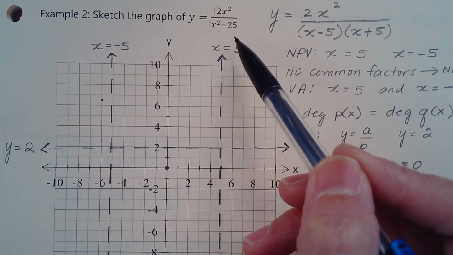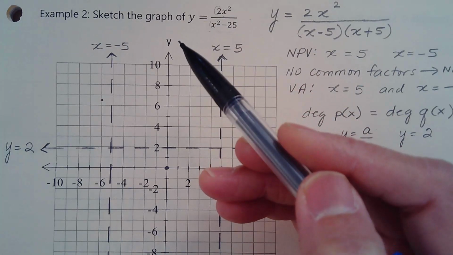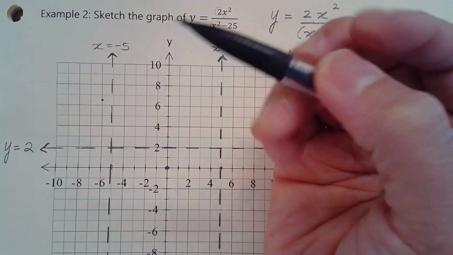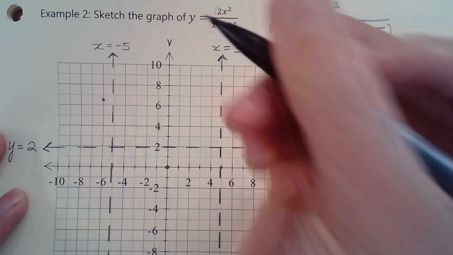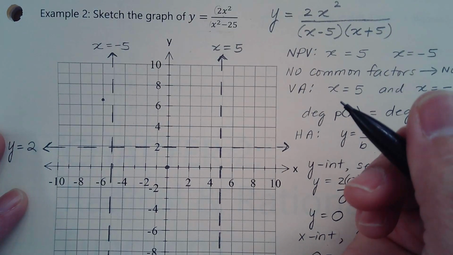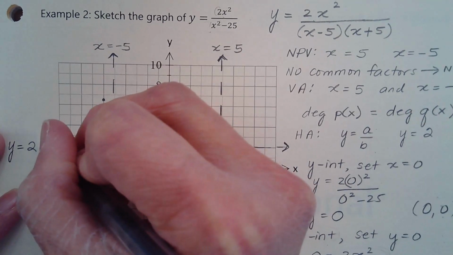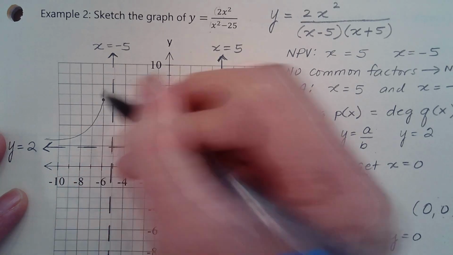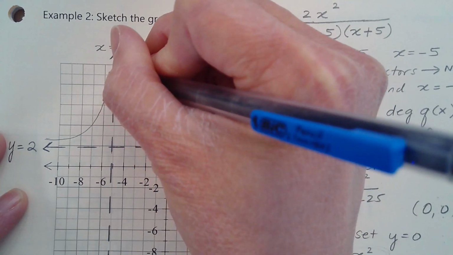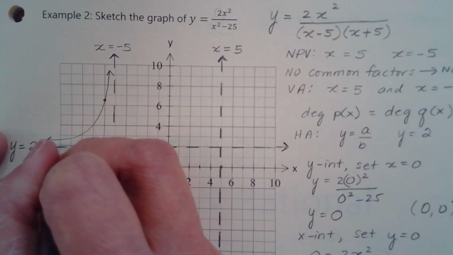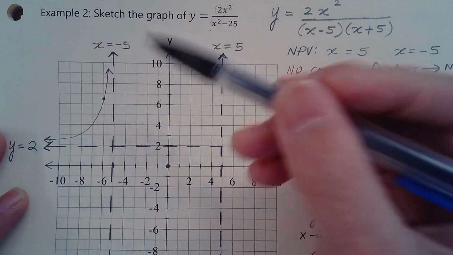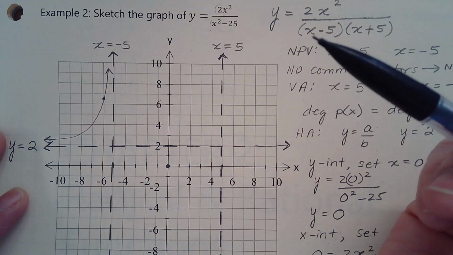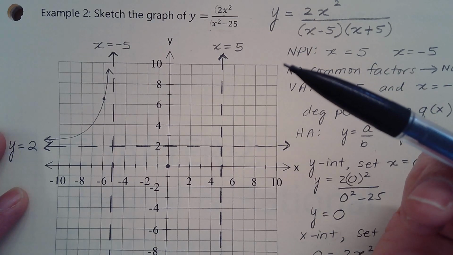Positive divided by positive would be a positive. Now what's happening in here is that it's going to be moving this way. Because this is an asymptote, it will have to bend like that. Okay, is that good? Yeah.